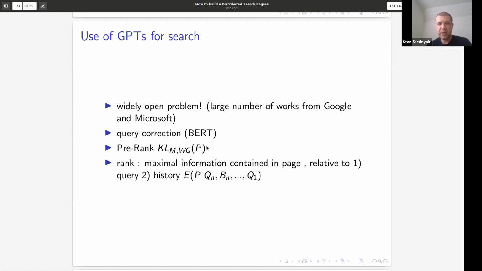And the actual rank that the user will see has to be related to the maximal information contained in the page relative to, first of all, the query, and then the history of the user, where Q_i are individual queries that the user issued, and B are behaviors that the user exhibited, if the user allows us to see those behaviors. By behaviors, I mean click information and scroll information.